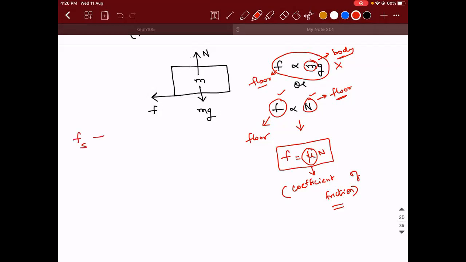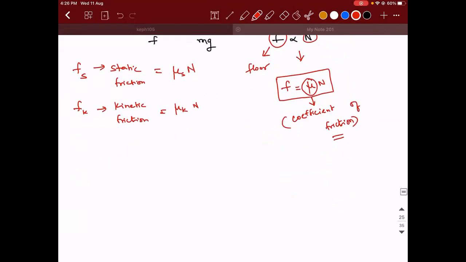Fs is called static friction, which is equal to mu s into N. Fk is called kinetic friction, which is written as mu k into N. Fr is rolling friction, which can also be written as mu r into N.